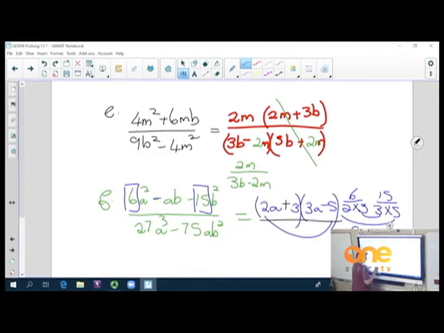And then here, this is highest common factor again. What will divide into 27 and into 75? So I can take out there 3a squared. Then it would be 9a.